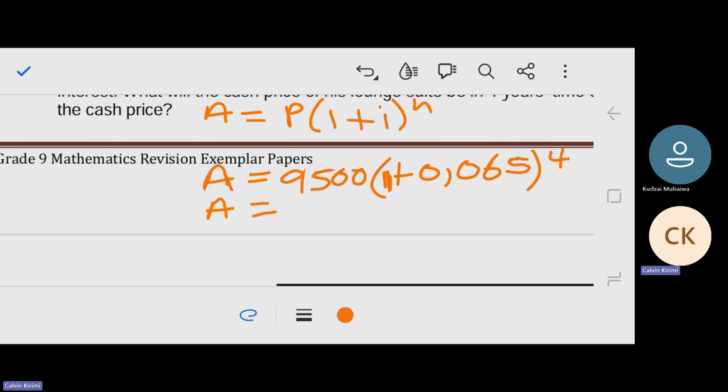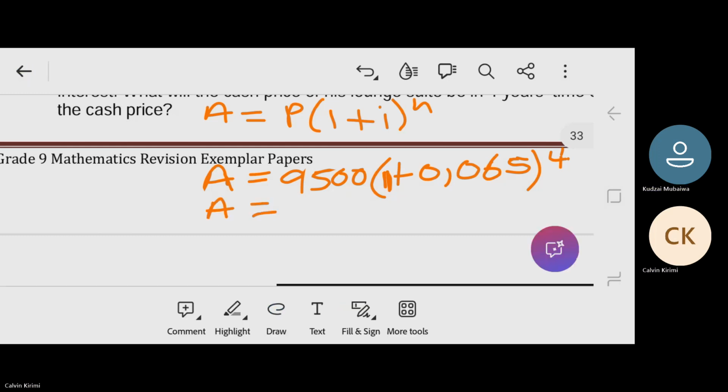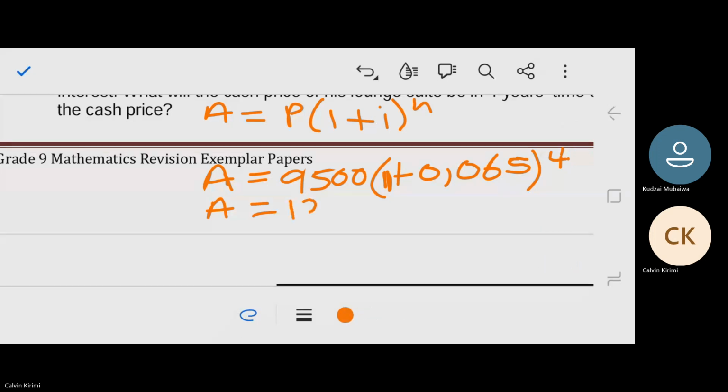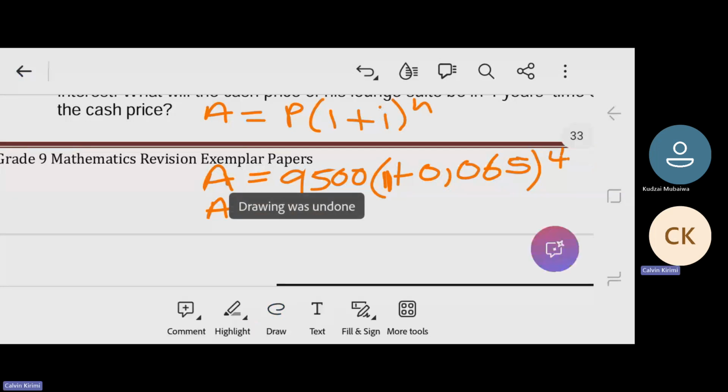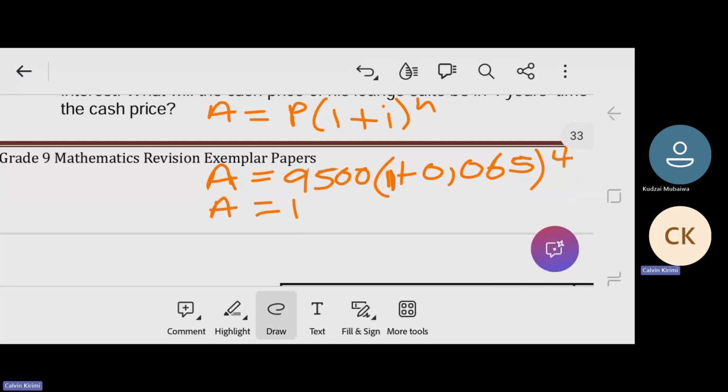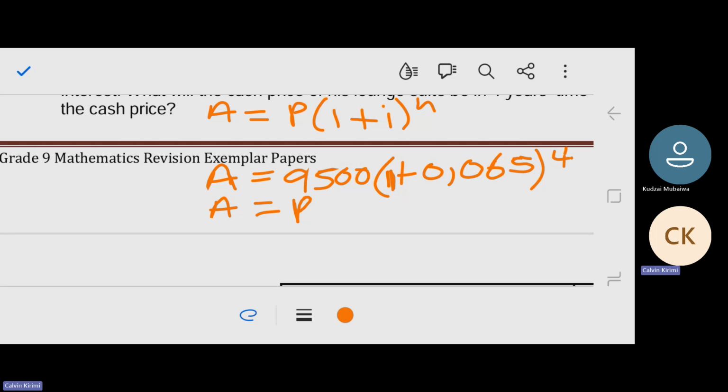How many cents? 43 cents. That's correct. So any problem with the financial maths? No, sir. 12,221, 43 cents.